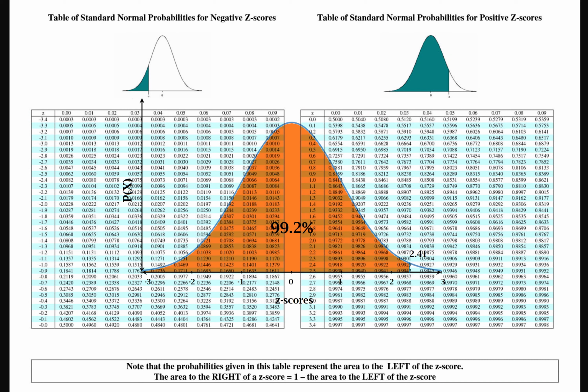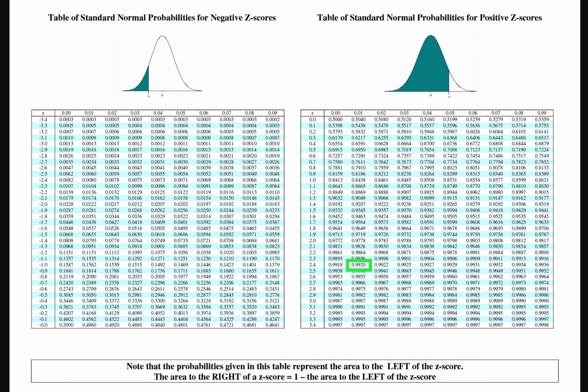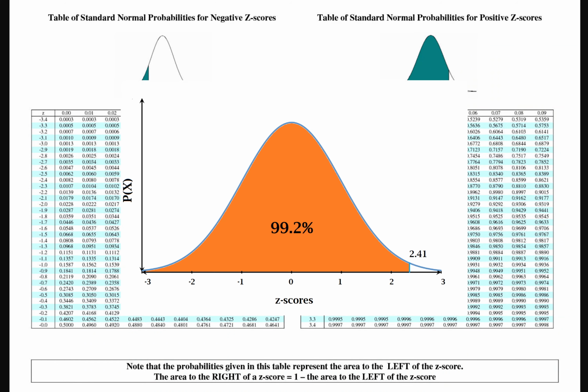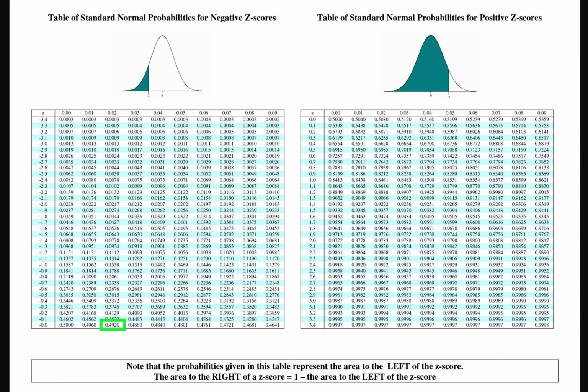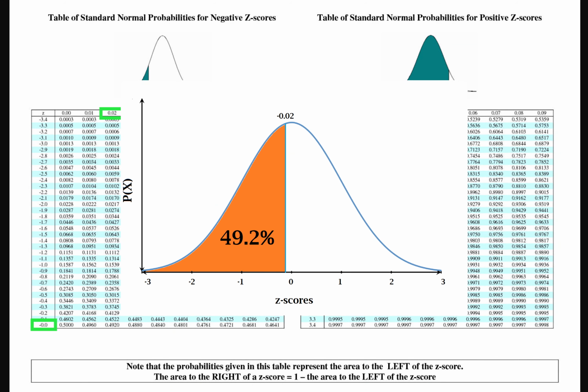If I want to find the z-score associated with 99.2% of the total area under the curve to the left, I search the chart for 0.992 and find the associated z-score, which is 2.41. If I want to find the z-score associated with 49.2% of the area to the left, I find the value 0.492 on my chart and then use the edges to find the z-score.